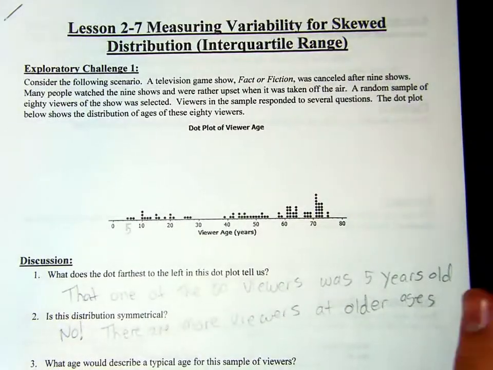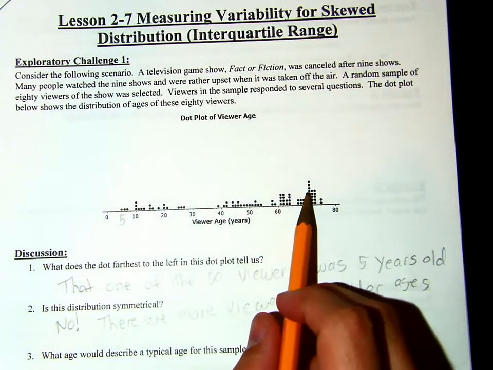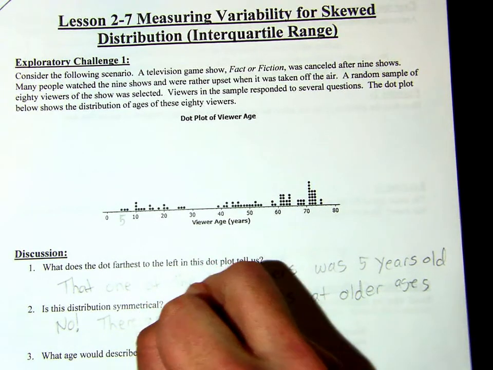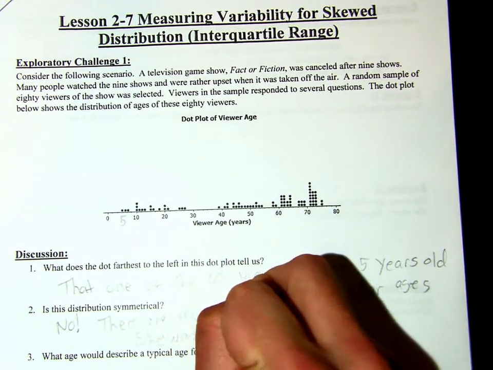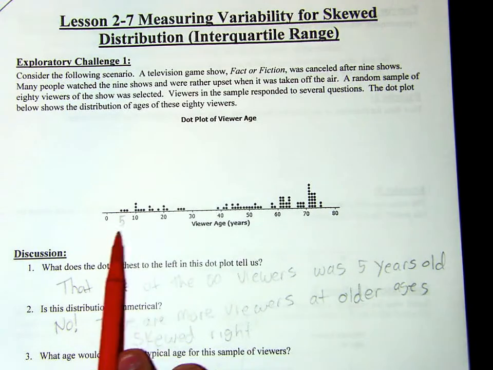So, since most of our data is to the right, we could say that it's skewed right. So if it's skewed right, that means that the tail is to the left.